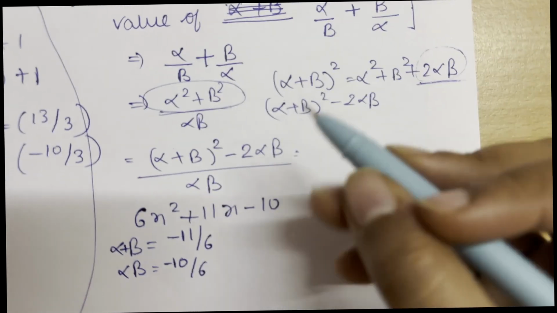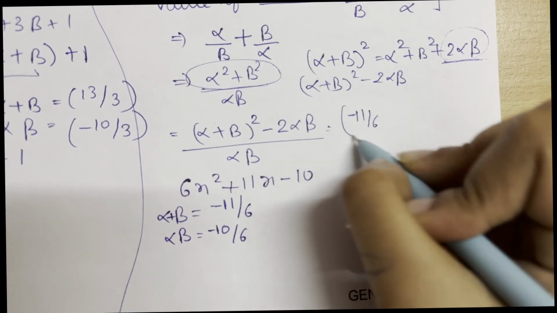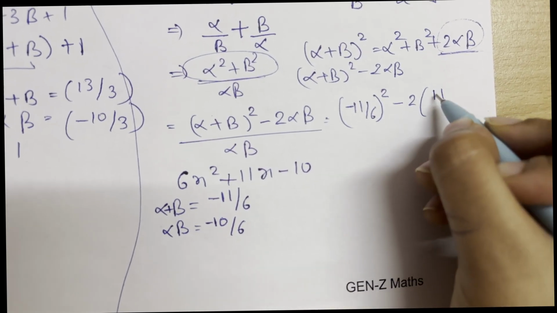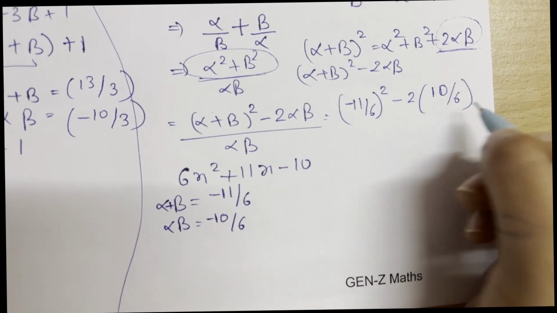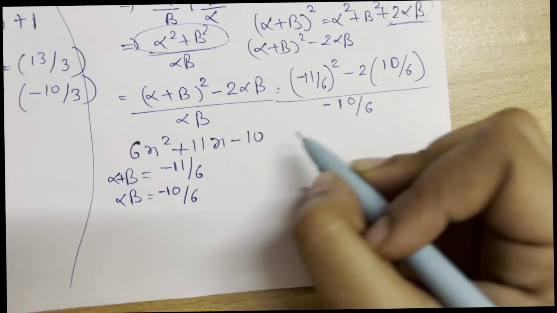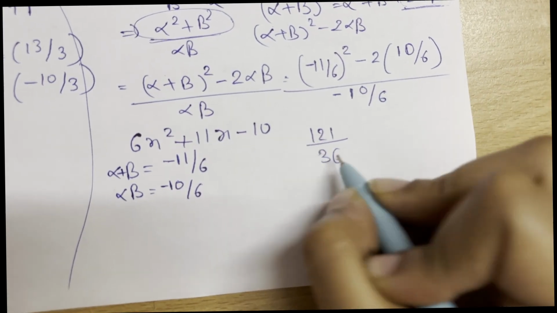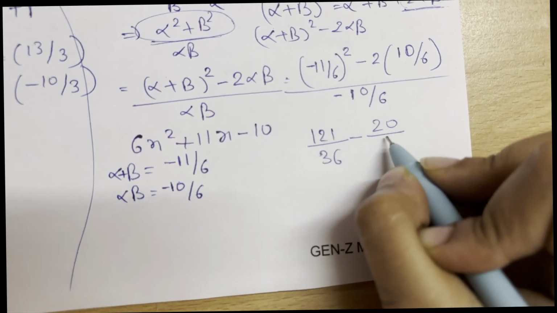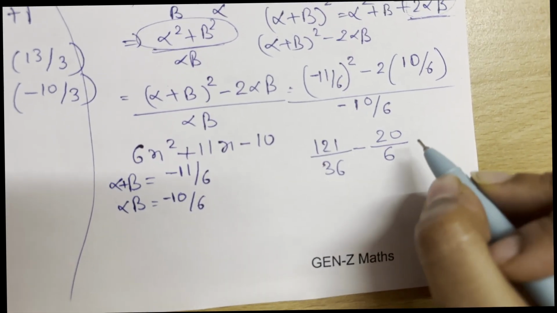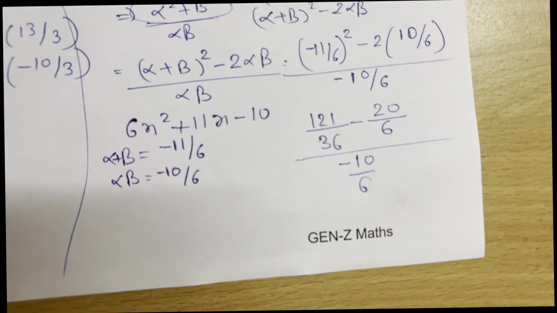On putting these values in this equation, we get minus 11 by 6 whole square minus 2 into minus 10 by 6, upon minus 10 by 6. 11 square is 121 and 6 square is 36, minus 20 by 6, upon minus 10 by 6.